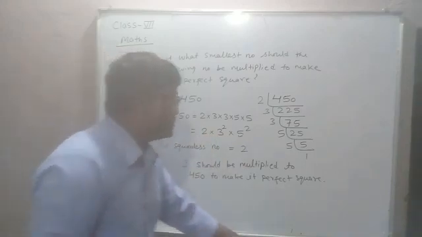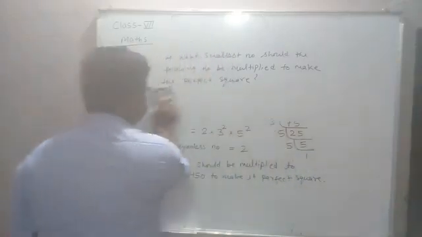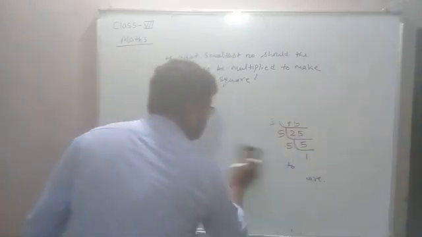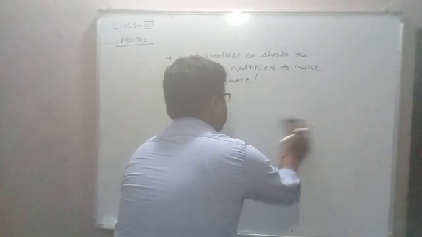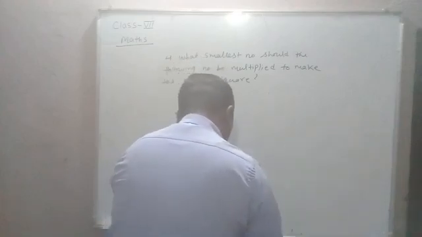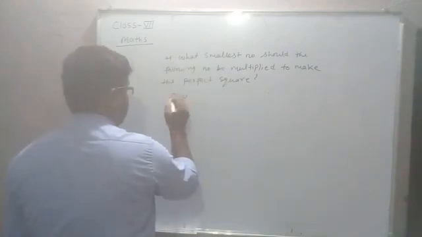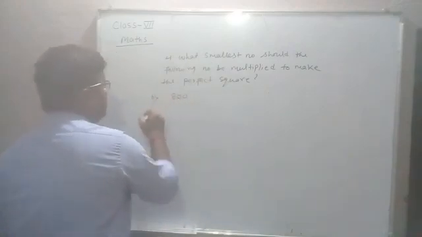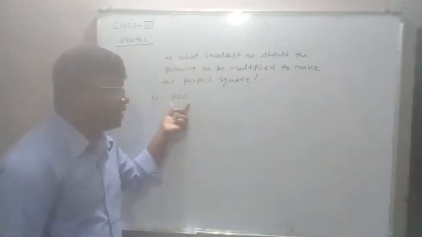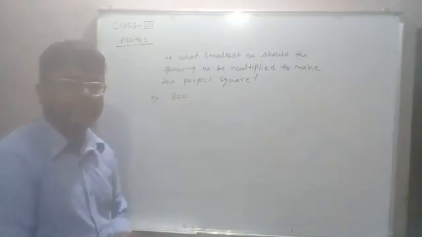Okay, one more question let me do for you. Question B is 800. What smallest number should be multiplied to 800 to make it a perfect square?